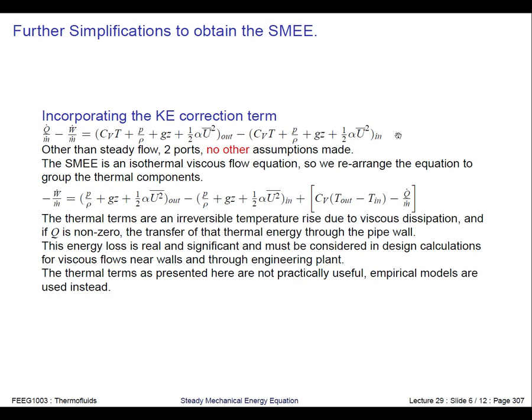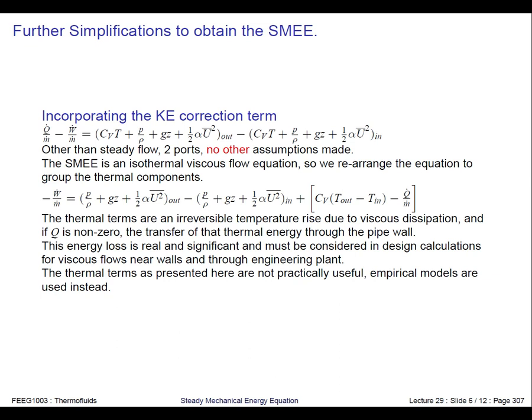It's still a viscous flow here, and we haven't made any other assumptions other than it's steady and we've got 2 ports, so it's still pretty general. We're interested in the mechanical characteristics of this flow, and while technically we're not interested in the temperature terms, they're actually quite important, and are the causes of all our viscous pressure drops.